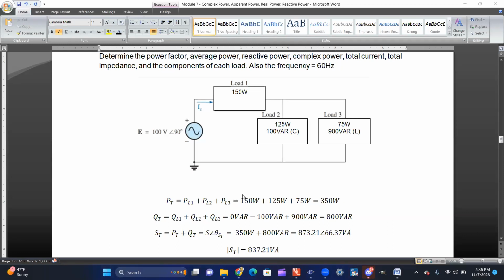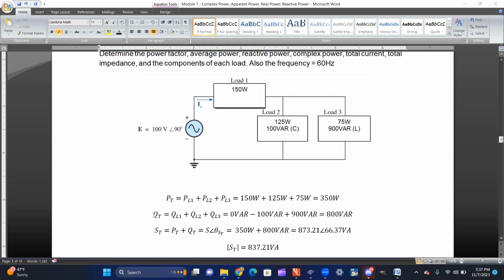All right, I got them fixed. So your total power, you can just add all your P from load 1, load 2, and load 3. 150 plus 125 plus 75 will equal 350 watts.